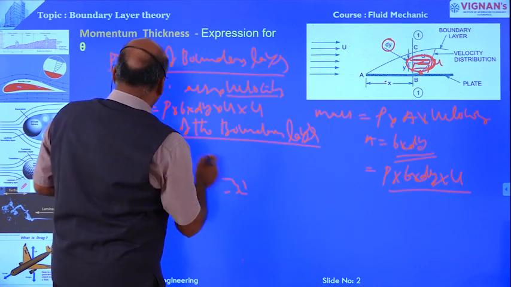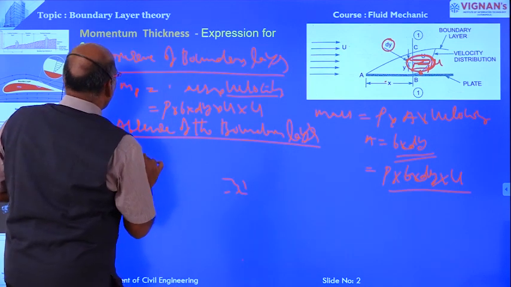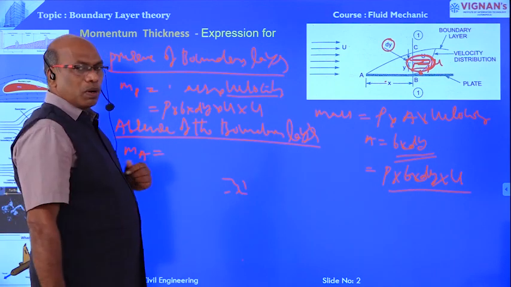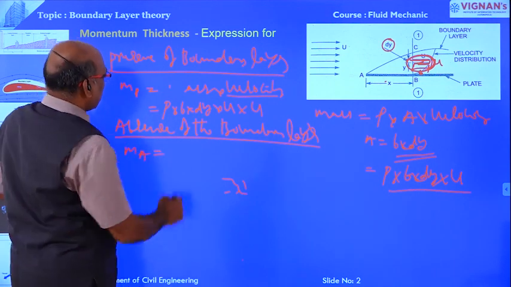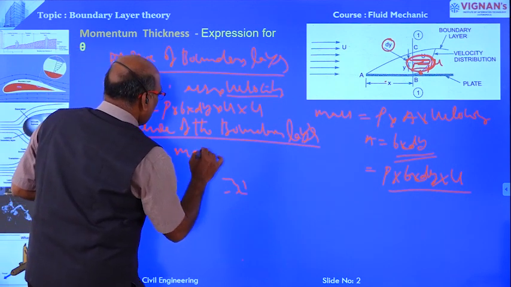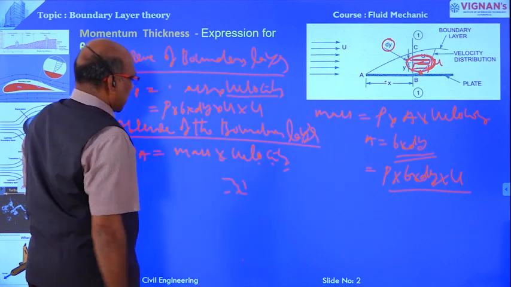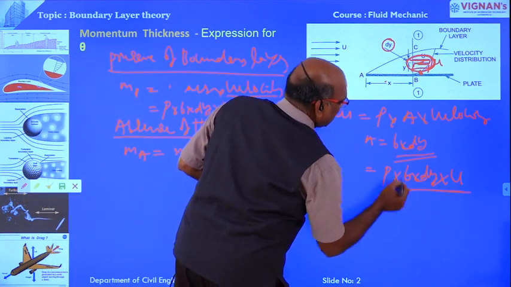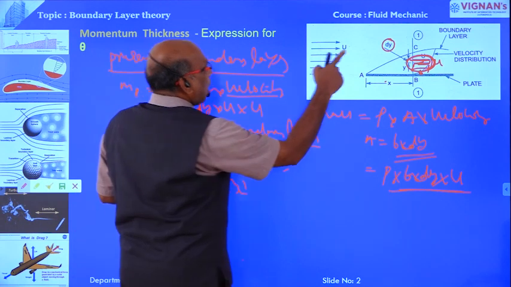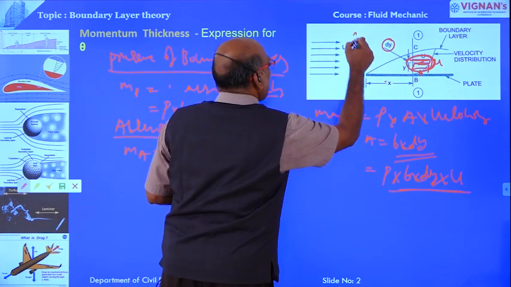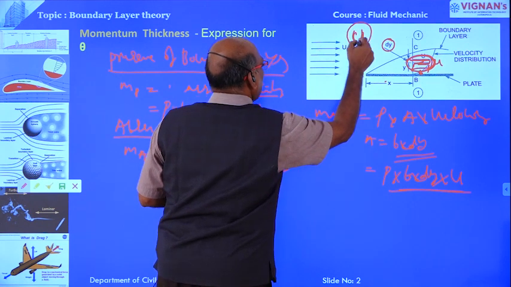Now momentum in the absence of the boundary layer is the same formula, mass into velocity. Mass we have already determined. The velocity over the strip is capital U, the free stream velocity.